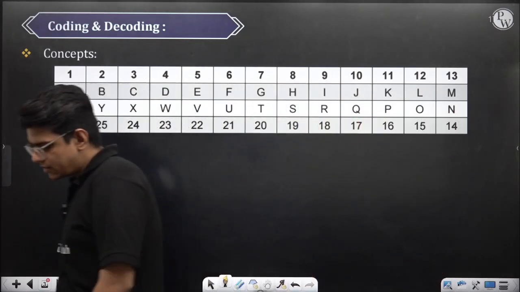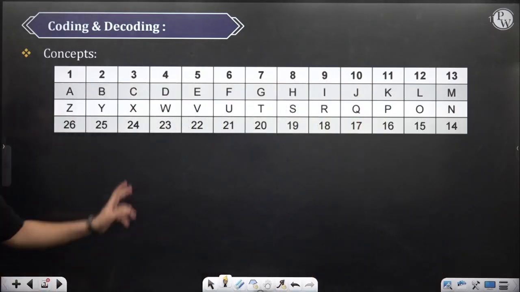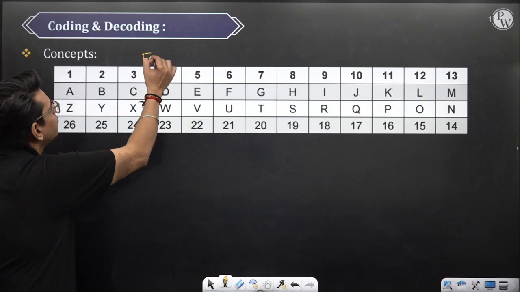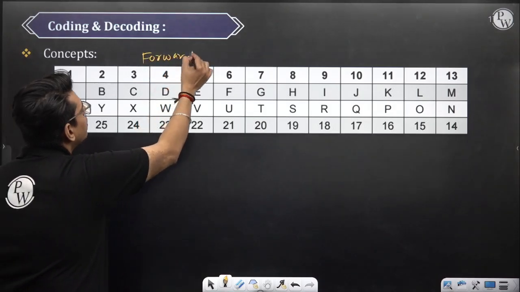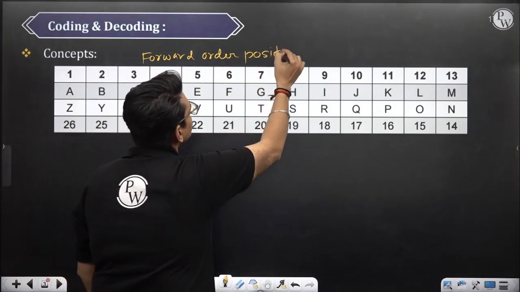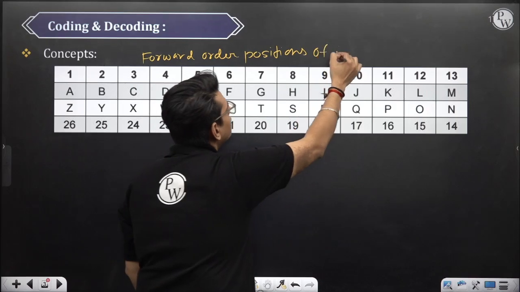Whenever I get some paper, I write this first thing on the paper so that I can use it whenever I see a coding and decoding question. So what is this? This is nothing but the forward order positions of alphabets.